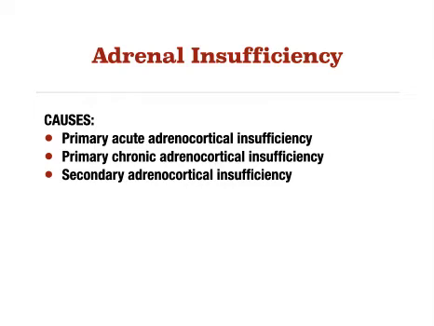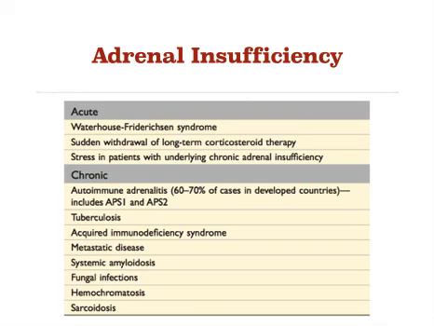And then you have your primary chronic, which is also called your Addison's disease, and the secondary causes of adrenocortical insufficiency. Okay? So for primary causes, we have this table separating acute and chronic settings where we see them.